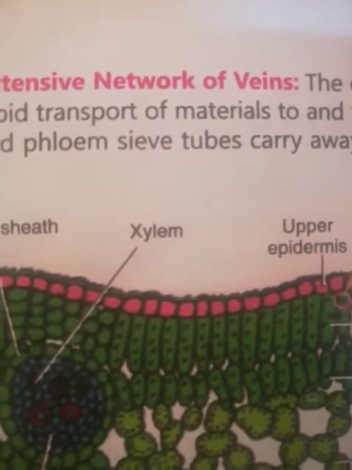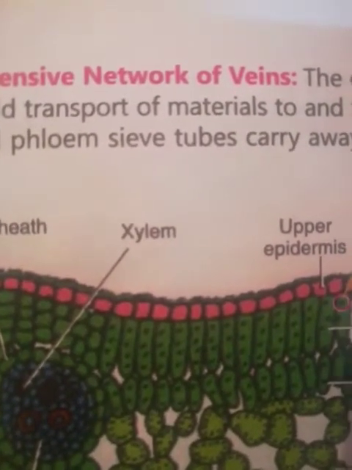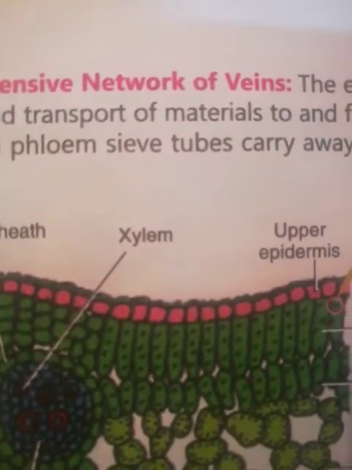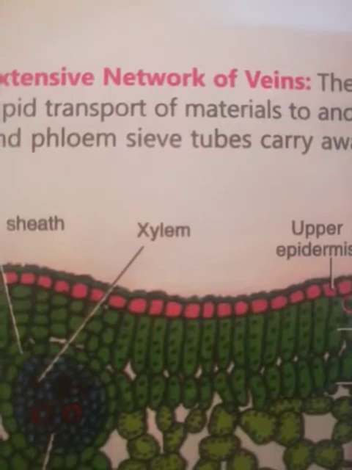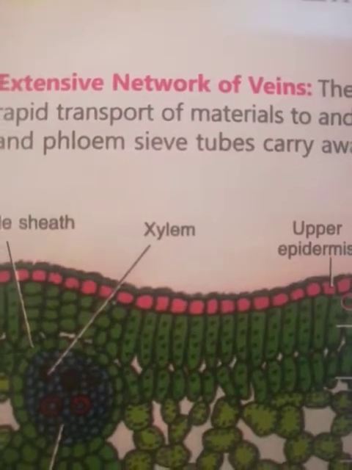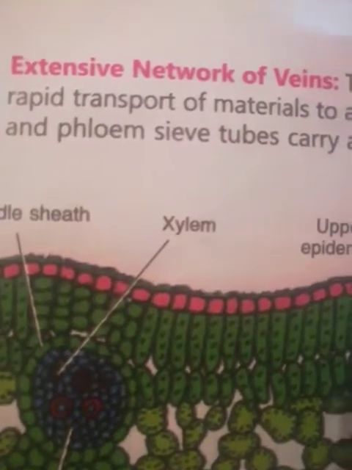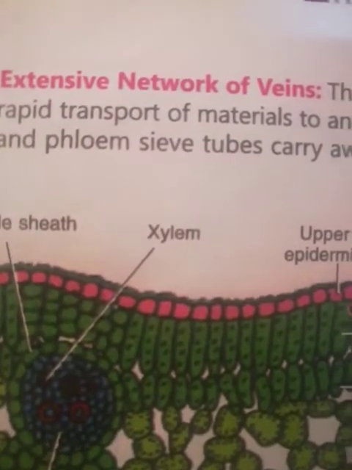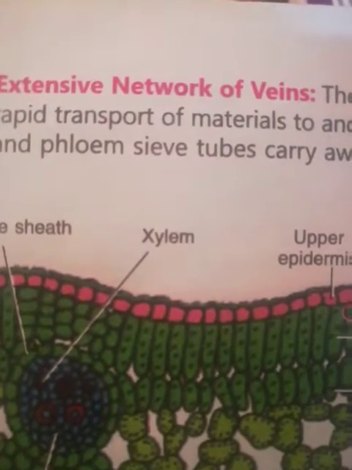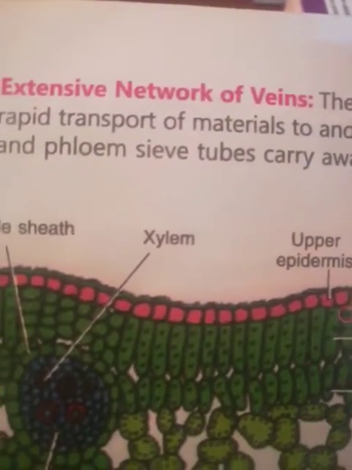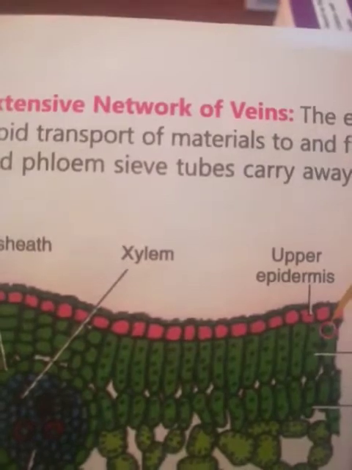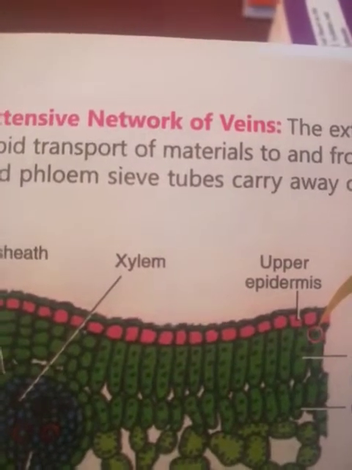Xylem helps in absorbing minerals and water from soil and transports them to other parts of the plant like stem, leaf, branches, while phloem is responsible for transportation of food materials which are prepared by the plant during the photosynthesis process.